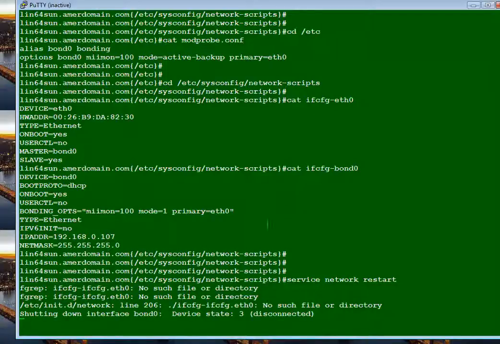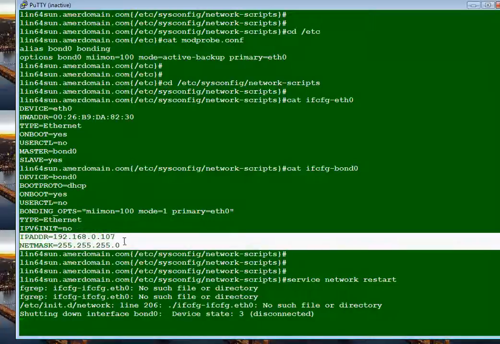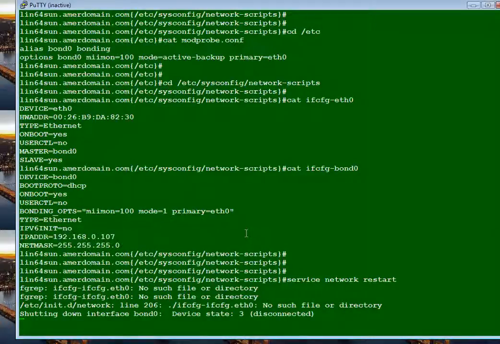So today you learned the purpose of bonding, how to configure it, what the network card is, what its configuration file is, how to edit or assign the IP addresses permanently in the configuration file, and how to start the services.